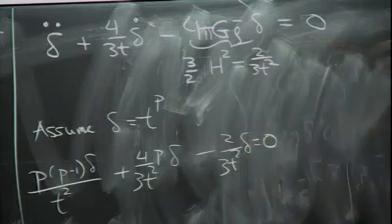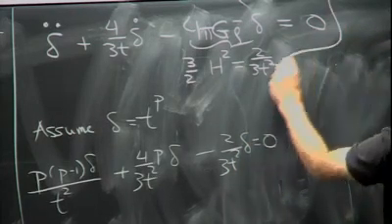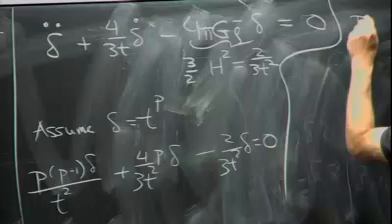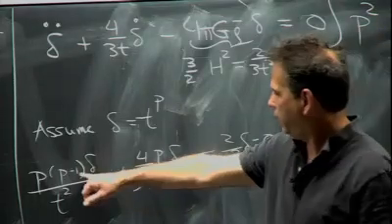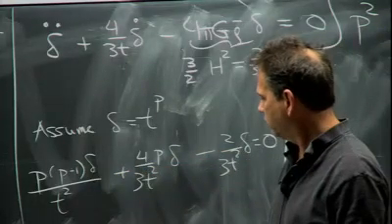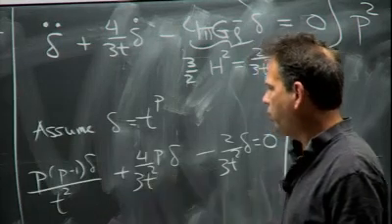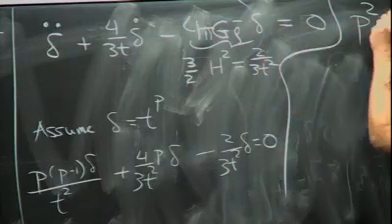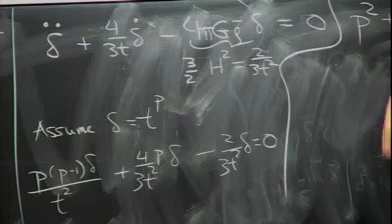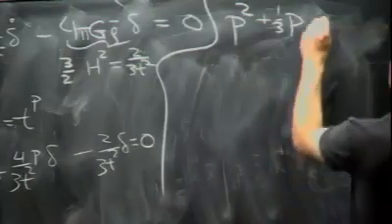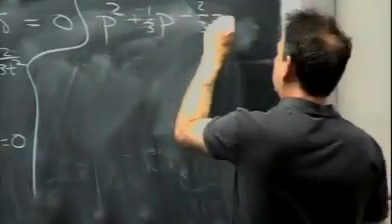So the delta over t squareds go away, and we're just left with a polynomial equation, which is p squared minus 1 plus 4/3, I think, is plus 1/3, minus 2/3 is equal to 0.